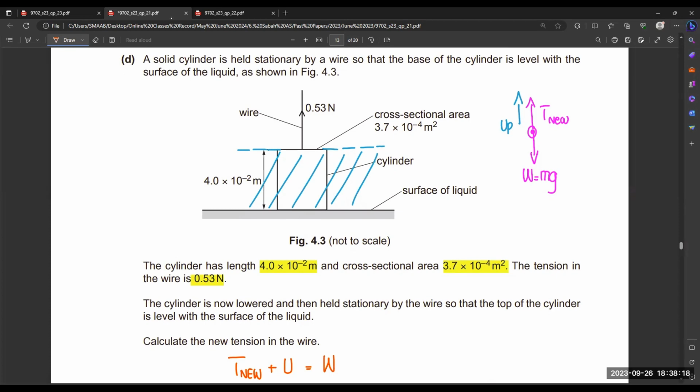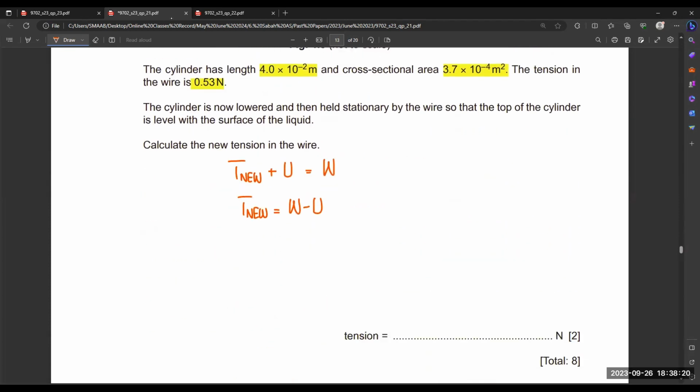So if we consider the weight first, weight is actually equal to mg, and you know that mass is not given. So we just substitute it with the values of density, right? Because density is equal to mass upon volume, and we have to multiply these values.